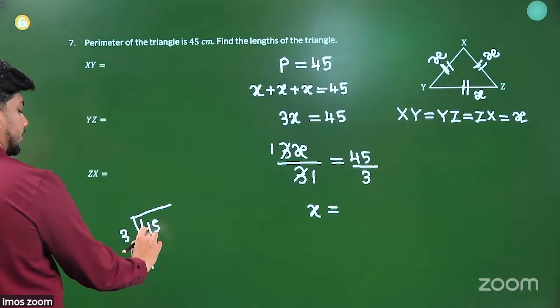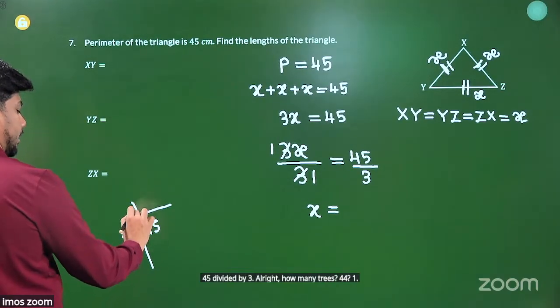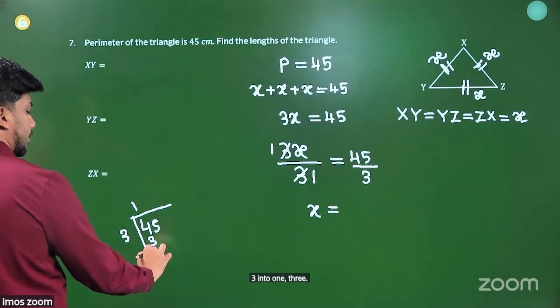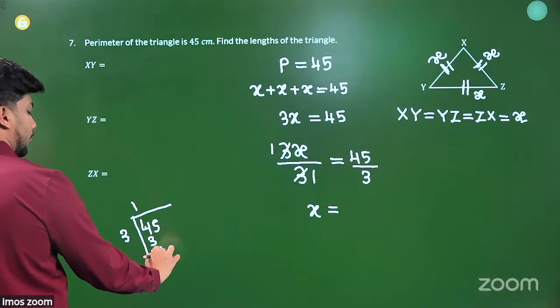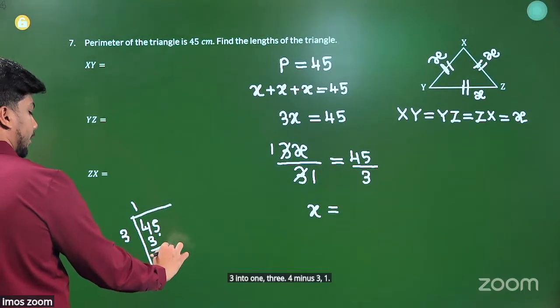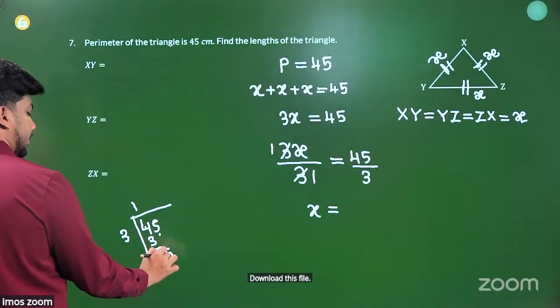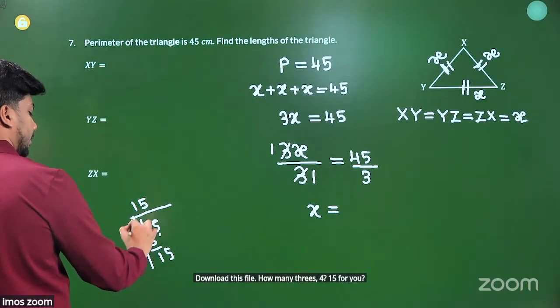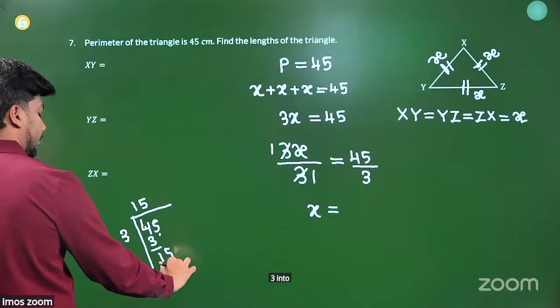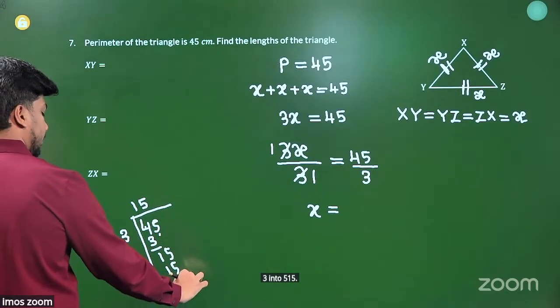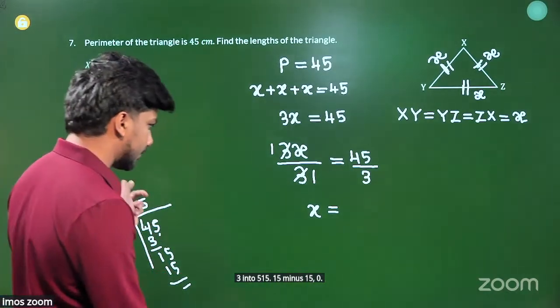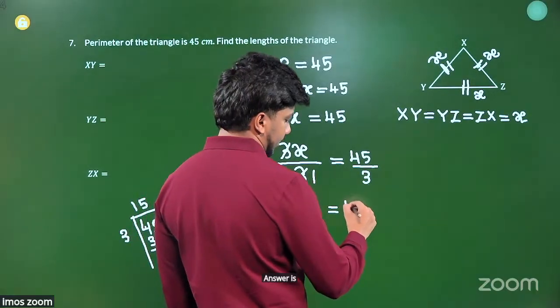How many 3s for 4? 1. 3 into 1, 3. 4 minus 3, 1. Bring down this 5. How many 3s for 15? 5. 3 into 5, 15. 15 minus 15, 0. Answer is 15.